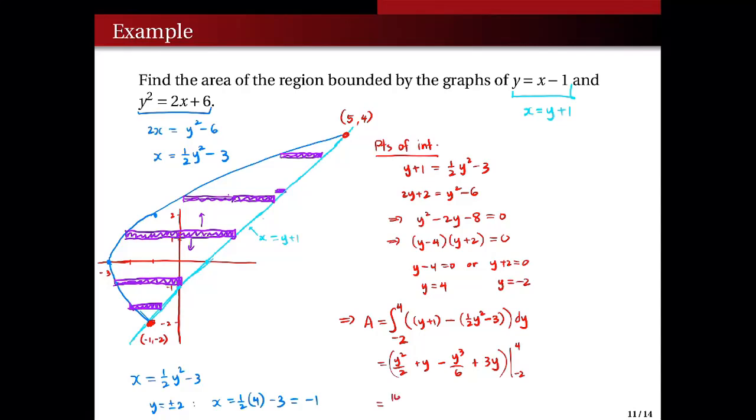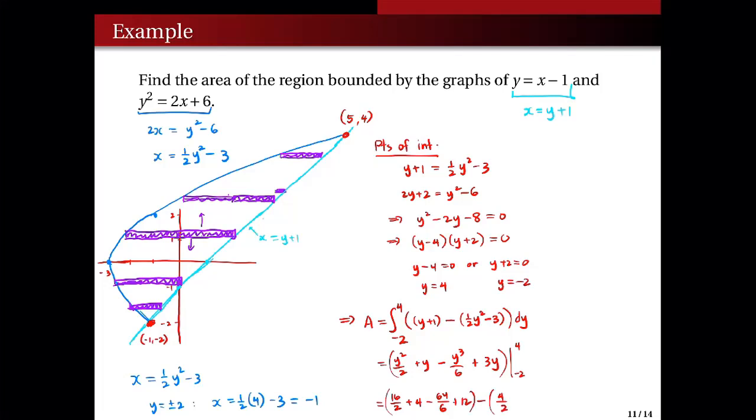So you will have 16 over 2 plus 4 minus 4 cubed, that's 64, so 64 over 6, plus 3 times 4, that's 12. Then minus quantity, -2 squared, that's 4 over 2.